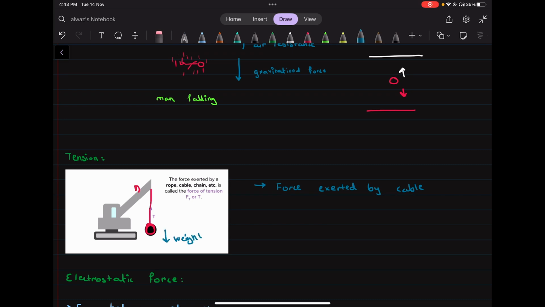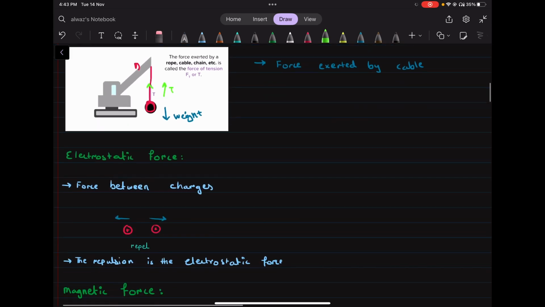There must be some kind of force which is exerted in the opposite direction to the weight, which helps the ball stay in equilibrium. Equilibrium means to stay in its place, because if weight was the only thing acting on the ball, it was going to fall down. But there's something holding on to the ball and making sure it remains in its place. This force comes from this cable right here. This is the tension force.